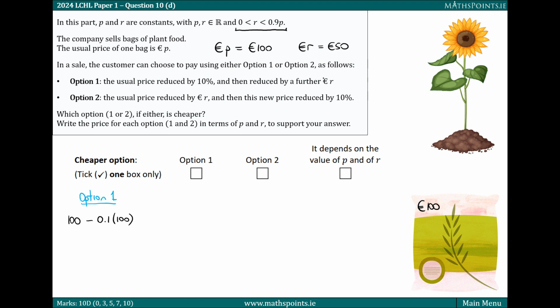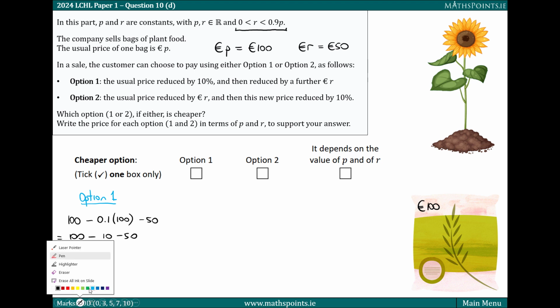And then it says reduce that by a further R, and in our case, R is 50. So then we're going to subtract another 50. So that's 100 minus 10% of 100, which is 10 euros, and then we subtract another 50. And so the new price is 40 euros. So if we take off a percentage and then reduce it by another amount, we get 40 euros.